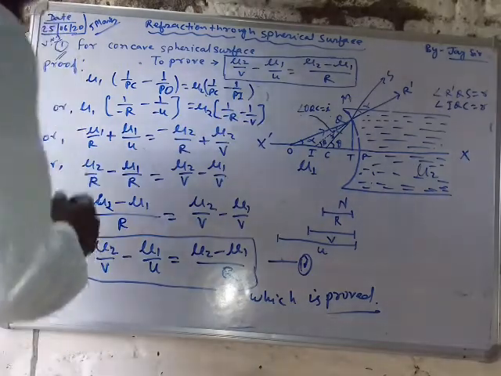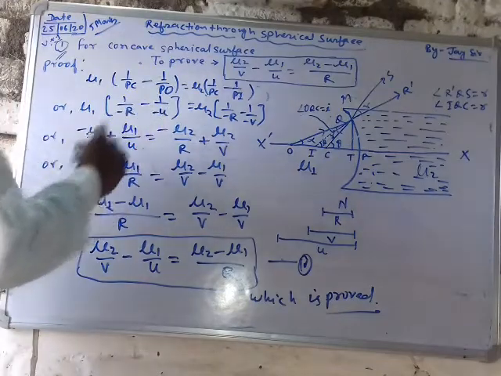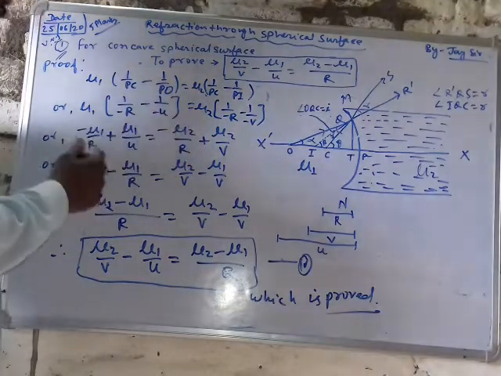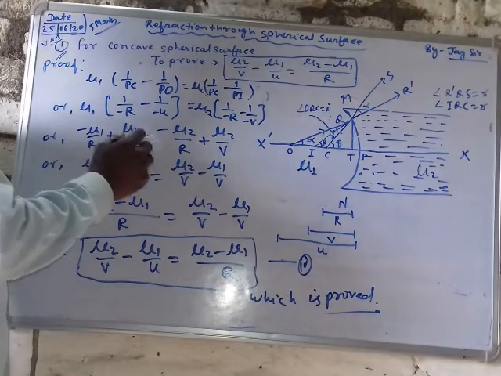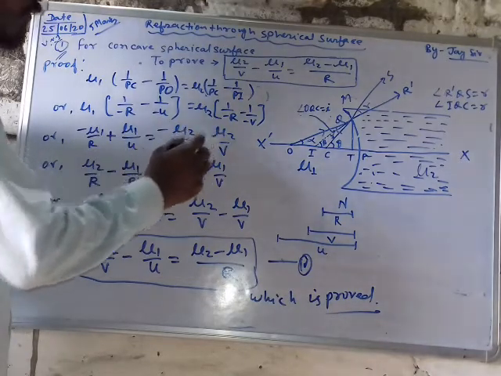Now when we solve this, we have minus mu1 by r plus mu1 by u equal to minus mu2 by r plus mu2 by v.